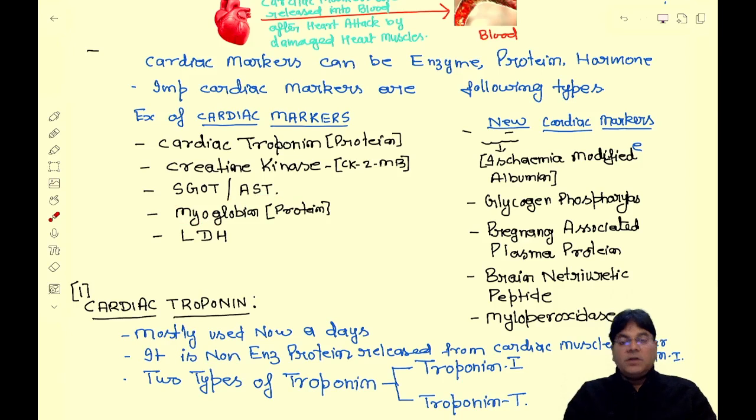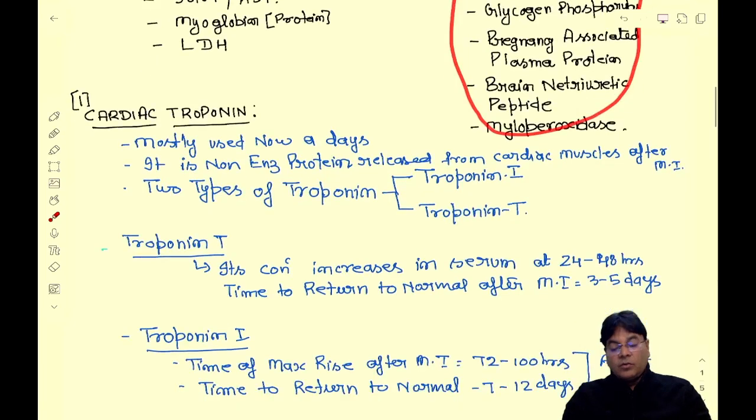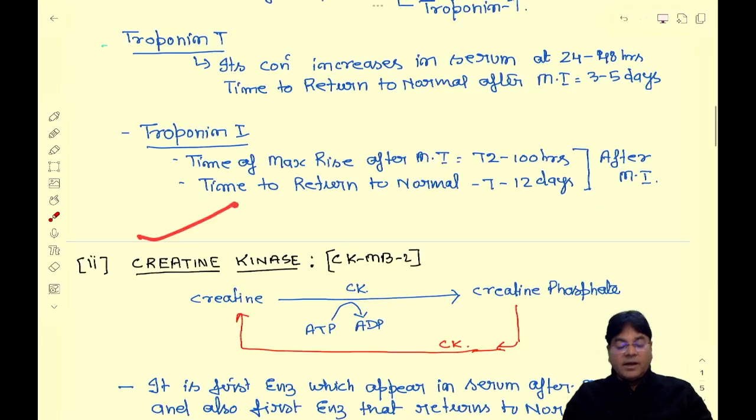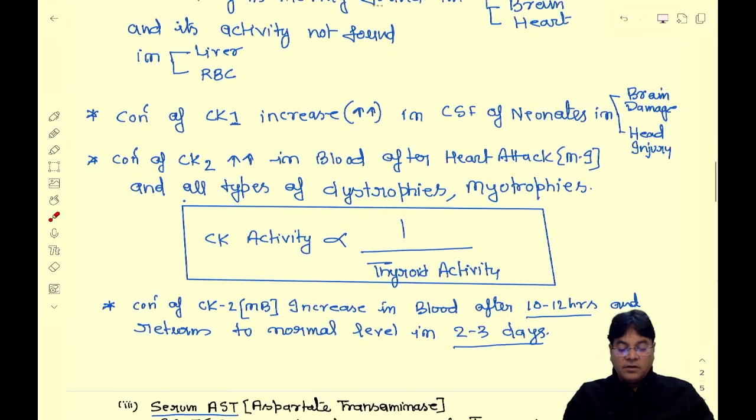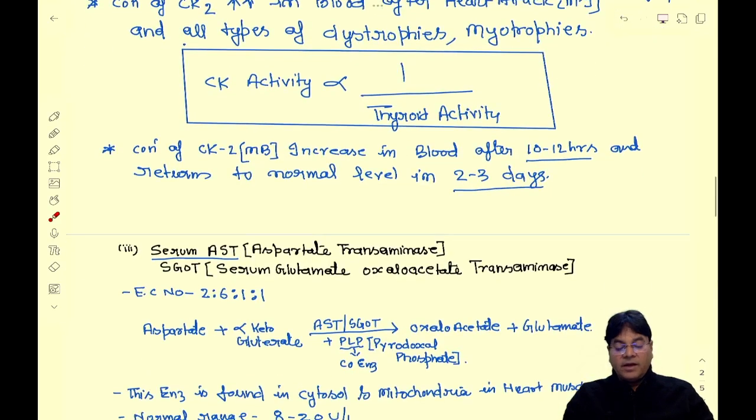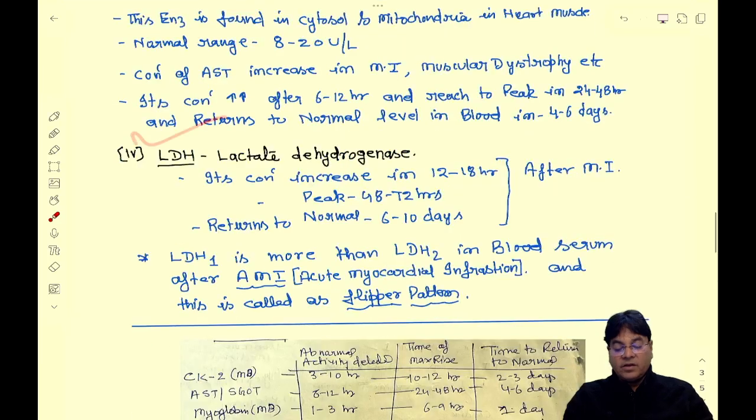It stores oxygen, and it is also used as a cardiac marker. It is also released after the cardiac attack. There are certain new markers also. So cardiac troponins I have discussed, creatinine kinase I have discussed, serum AST I have discussed, LDH I have discussed. Myoglobin I have not written, but I have discussed it.